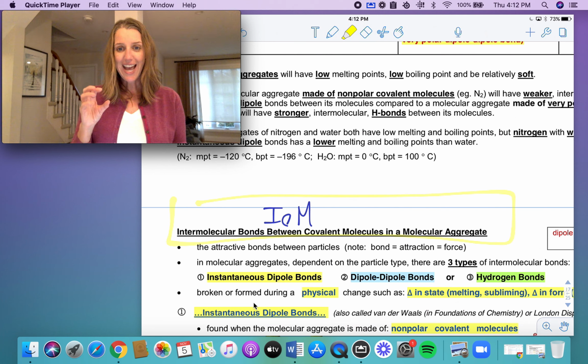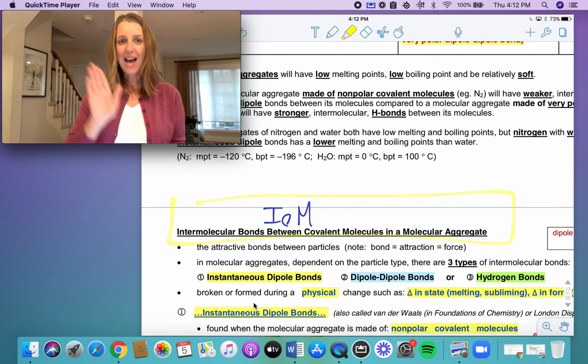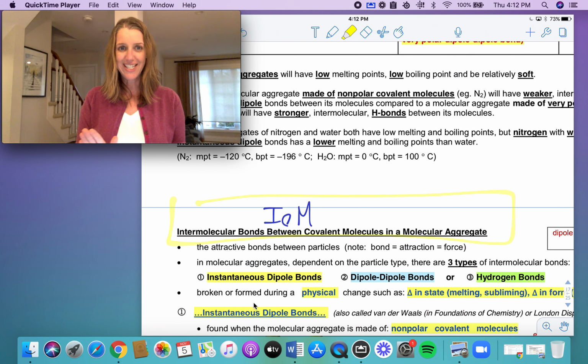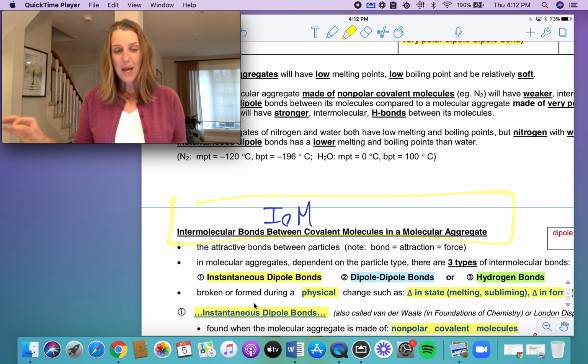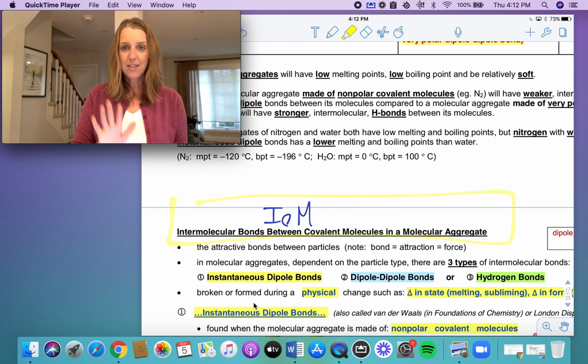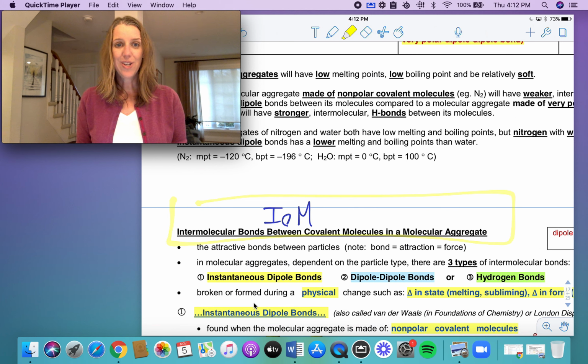We're going to look at how that affects the shape of the molecule, and then come back to this idea of polarity between the molecules that are in an aggregate. Okay, so we have to learn a little bit now, learn a little bit later, and then come back to it. We'll circle back to the idea of polarity once we learn all the different pieces that go into it.